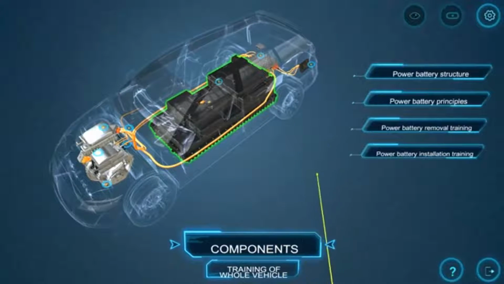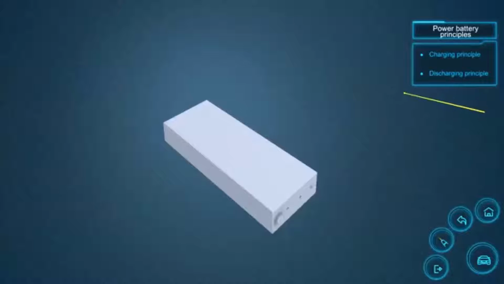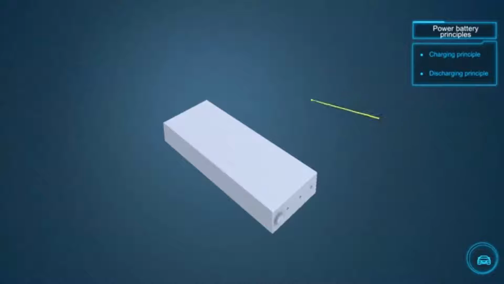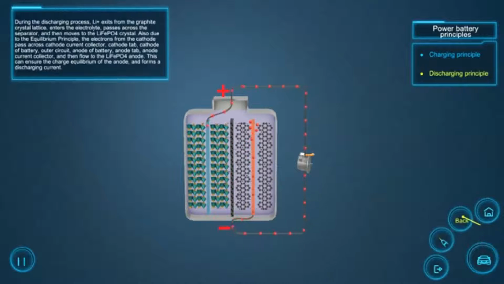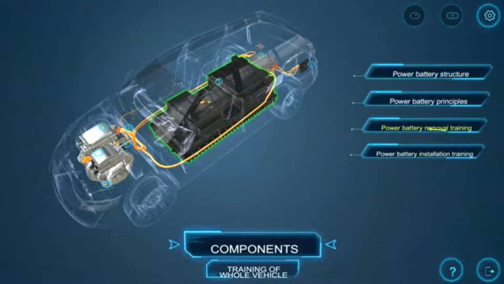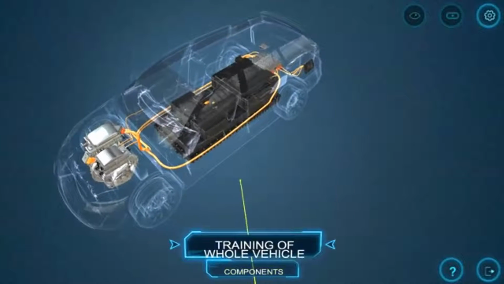When selecting a specific system, the user can explore submenus to help with learning concepts. These subcategories allow the user to learn concepts such as the component structure, principle, and practical animations. There are also removal and disassembly activities, as well as installation and assembly activities. Once completed in the Components module, you then will enter in the training of the whole electric vehicle.